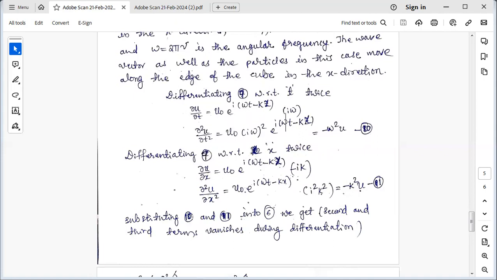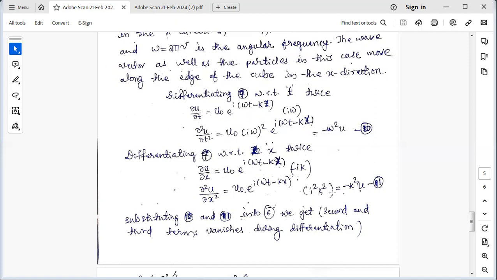Then differentiating this equation again with respect to x, twice. This is the one time differentiation. Here minus ik comes because now you are differentiating with respect to x. Again differentiate one more time. One more time it appears. So when it appears the second time, this negative sign vanishes, but this i square is there.